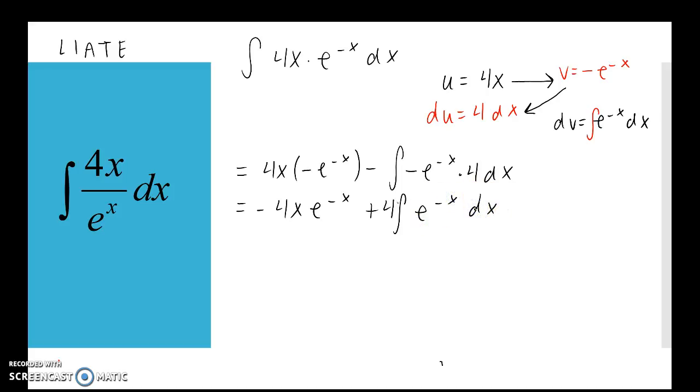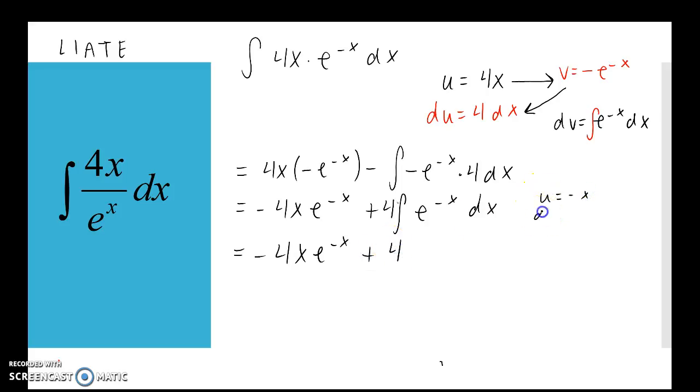Integration by parts still requires you to find an antiderivative, but the whole goal is to make the antiderivative more simple than the original integrand. So now we're just finding the antiderivative of e to the negative x, which is actually what we already did when we found v. So negative 4x e to the negative x plus 4.